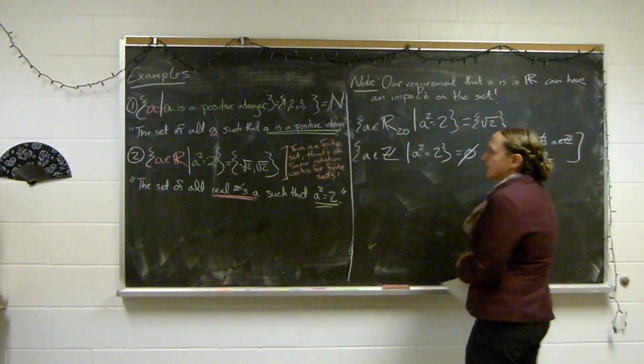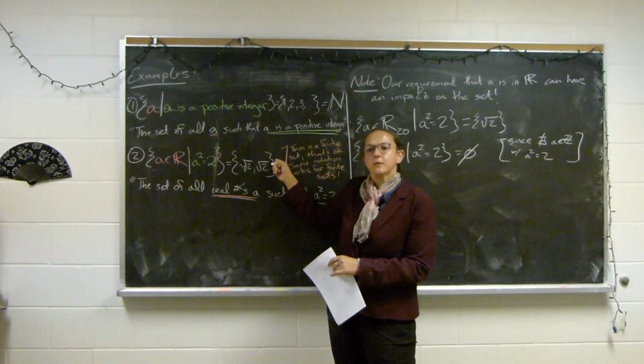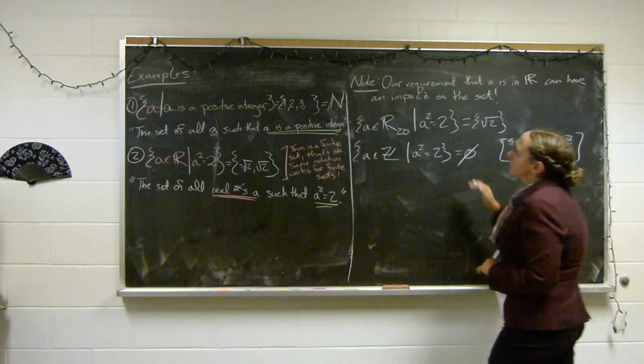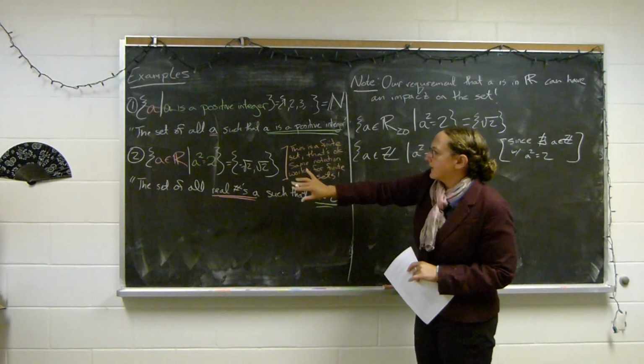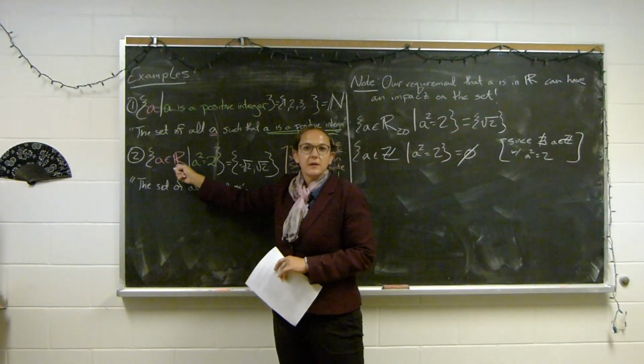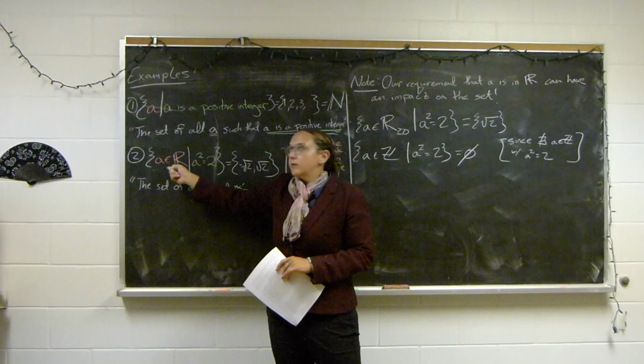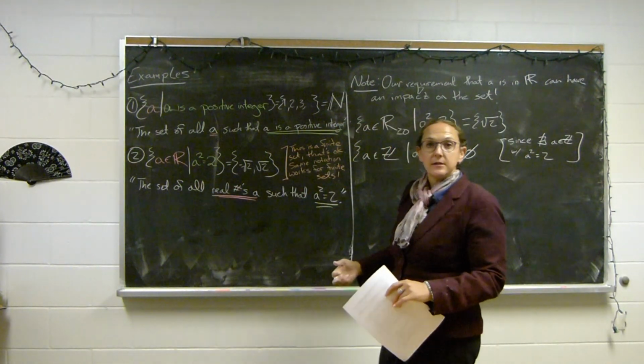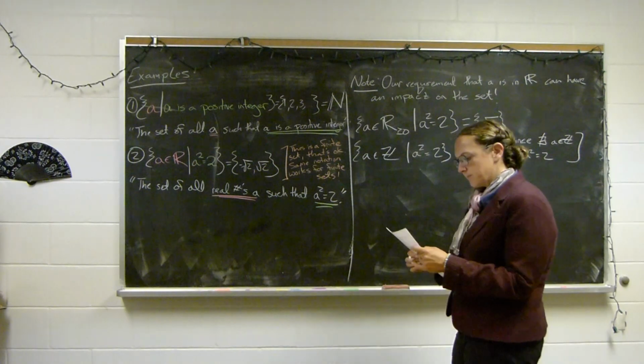My only options are minus the square root of 2 and the square root of 2, and those are not in the integers. That's an emphasis on the fact that telling me where your variable is allowed to lie can have a big impact on your set.